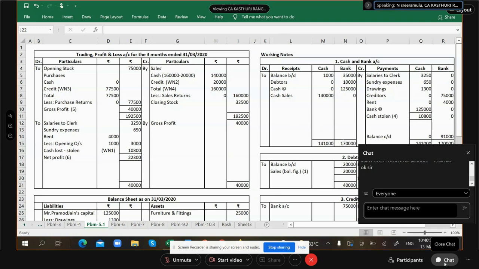Mukilan wants to know what is meant by bank is takings, not payment. Bank is takings. Takings means collection. The money that they collect is called takings. Bank is takings means whatever money they collect, they go and deposit in the bank. How much they deposit, we do not know, but that is his practice.